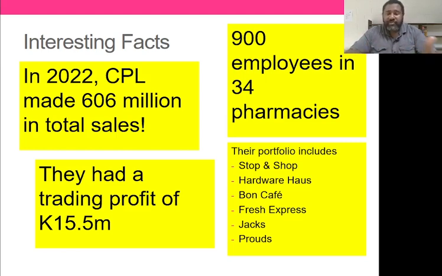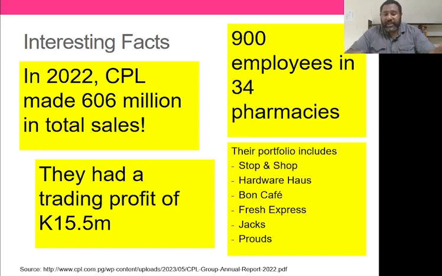These are just some of the organizations operating under the CPL umbrella. I got all of this information from the annual report that was published on their website last year. So those are some interesting facts about CPL.